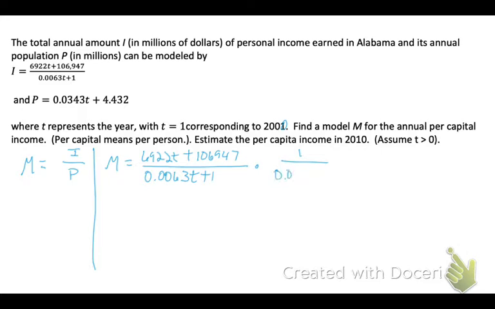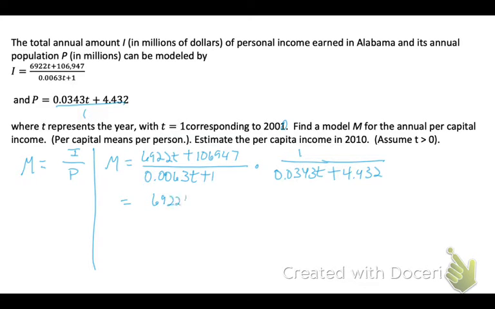And then when I divide it by P, it's the same thing as multiplying by the reciprocal. So I'm going to think of this as over 1 and then take it times the reciprocal of that. So 1 over 0.0343t plus 4.432.